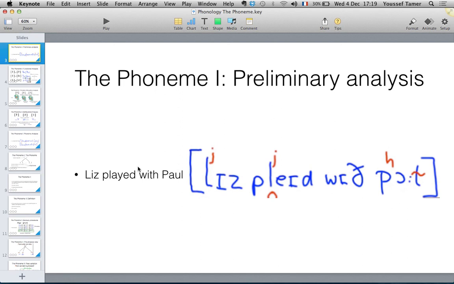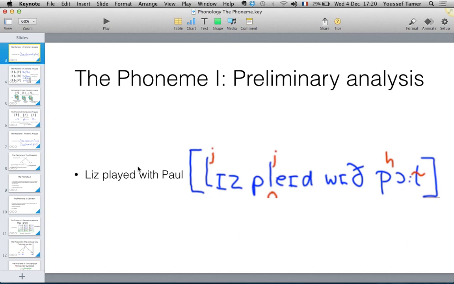In this context, this palatalized L always occurs before a vowel. Now, played and Paul: this one is after p or k. Remember this sentence, please: Liz played with Paul. And please focus on the L in Liz, in played, and in Paul at the end.